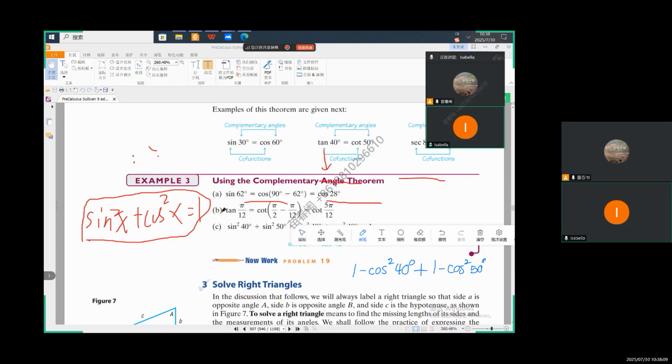Well, where does that get me? It's a similar situation as before, right? This is a sine square and sine square. This is a cot square and cot square.